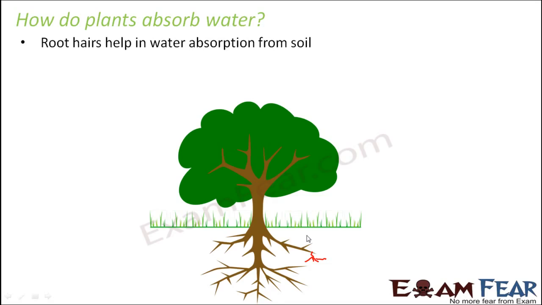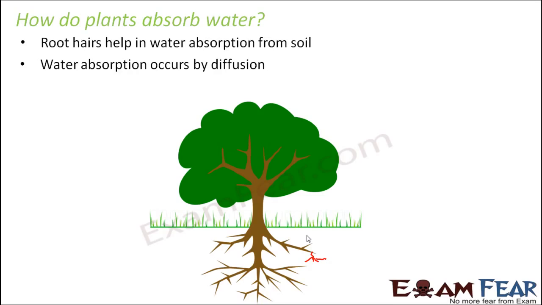Now before we talk about how xylem will transport water to different parts of the plant, first of all water should enter inside the plant body. So the entry gate for water into the plant body is through the root hairs. This absorption of water which happens by the root hairs, it happens by the process of diffusion. That is, the water moves from region of high concentration to low concentration.